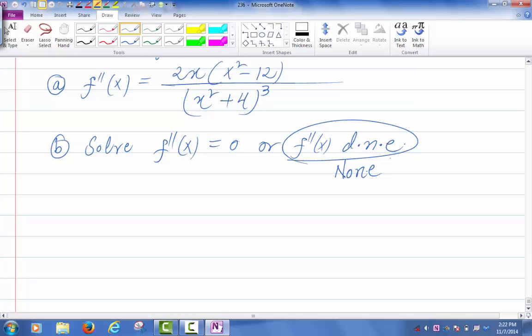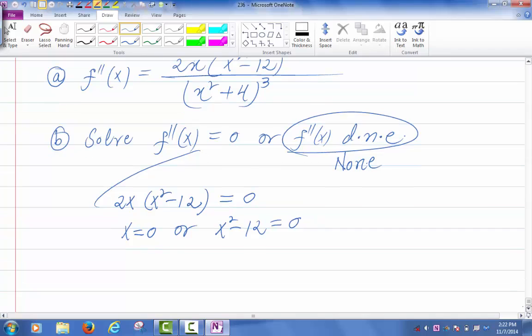from this. So how about the second derivative equals 0? The second derivative equals 0 would mean that the numerator, which is this, would have to be 0, which would mean that x is 0 or x squared minus 12 is 0, right?